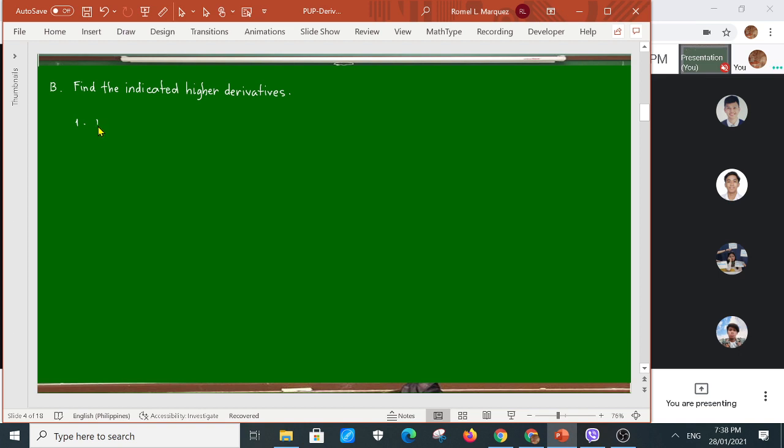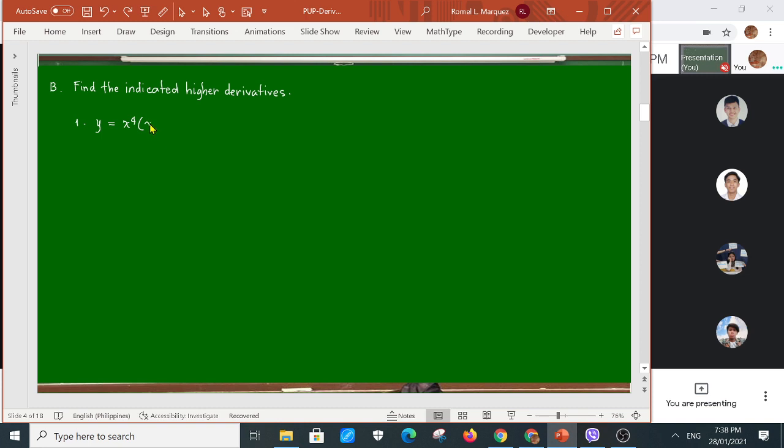So we have y equals x to the 4th, then x plus 1 raised to 2.